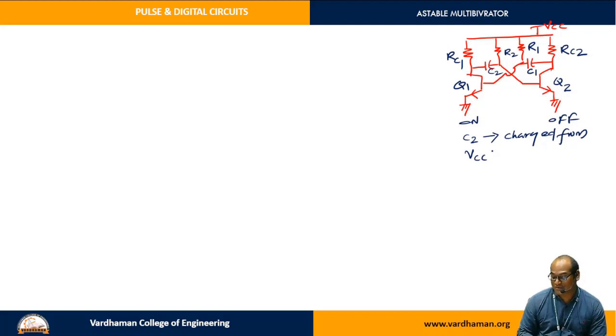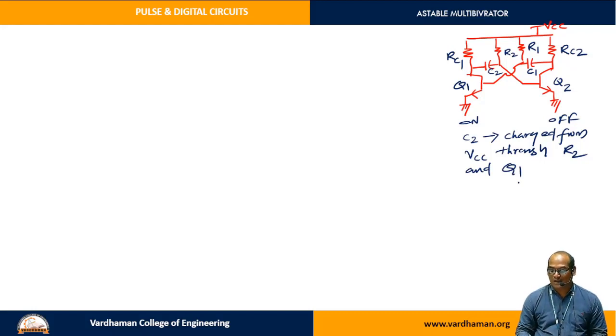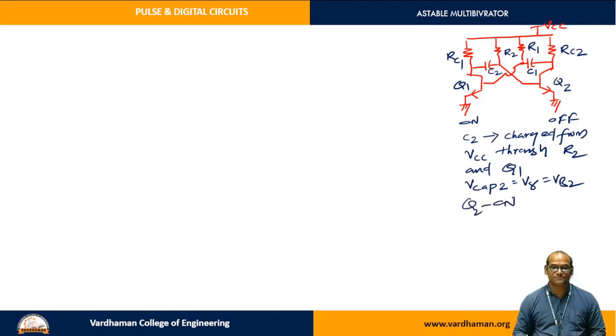C2 will be charged from VCC through R2 and Q1. While it is charging, when Vc, that means the capacitor voltage, is equal to V gamma, that is the base voltage of the Q2 transistor, then Q2 will become on.